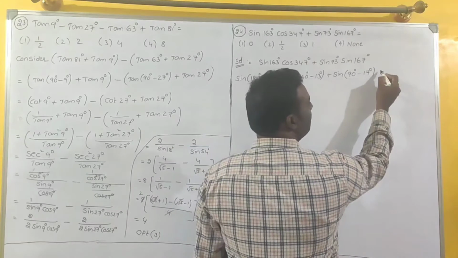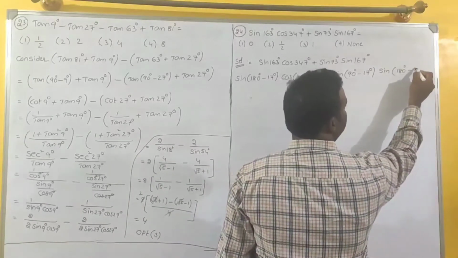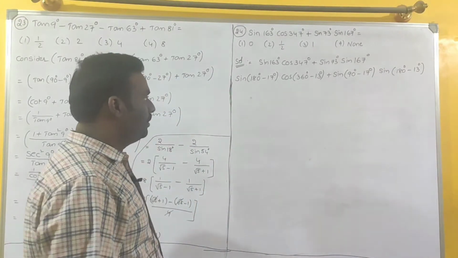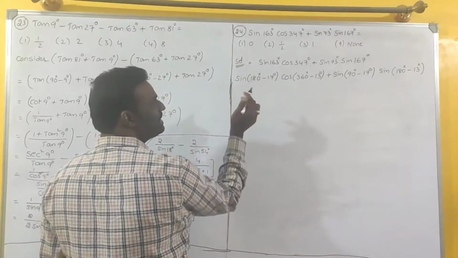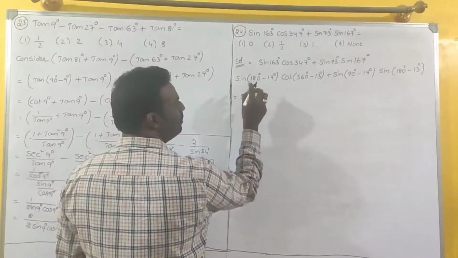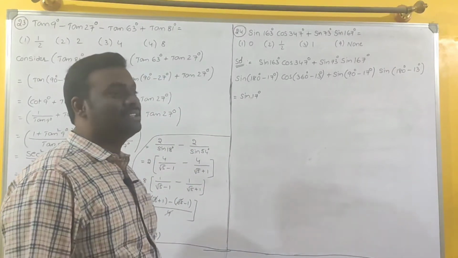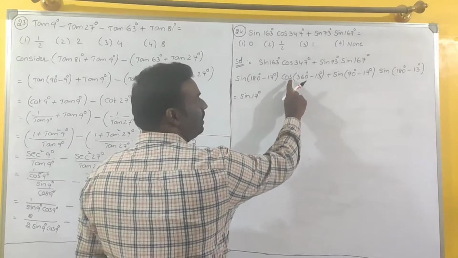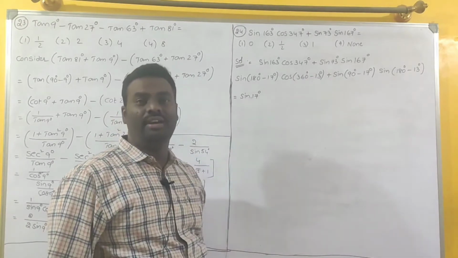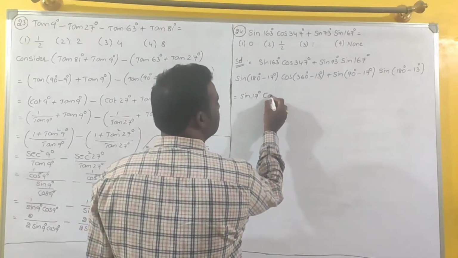Sin 167 can be written as 180 minus 30. Now, sin (180 minus theta) is equal to sin theta. Why? Because 180 minus means second quadrant, sin is positive. Cos (360 minus theta): 360 minus means fourth quadrant, cos is positive, so here cos 30.